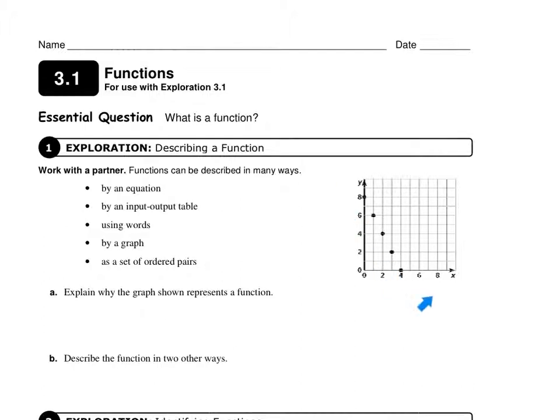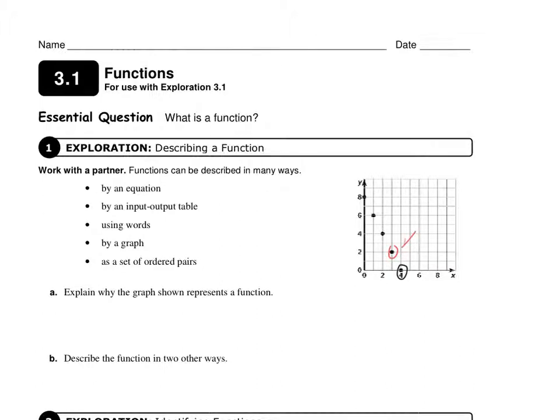Okay, so here we have a graph. We want to explain why this shows a function. Well, remember that every x can only go to one y. That's the key. Every x can only go to one y. And so here we have 4 going to one y value. Here we have 3 going to one y value.